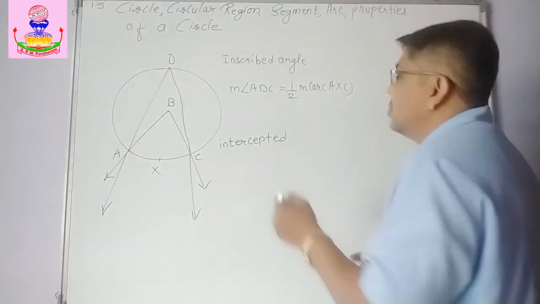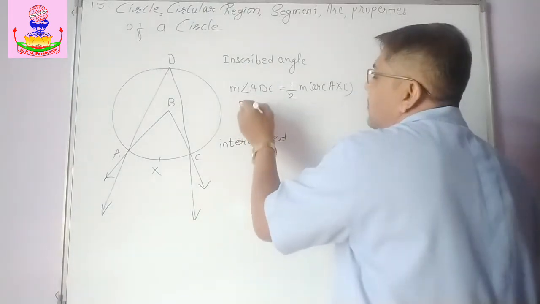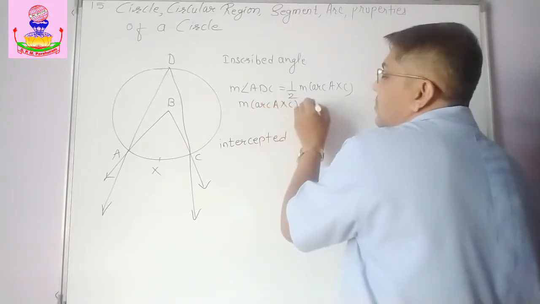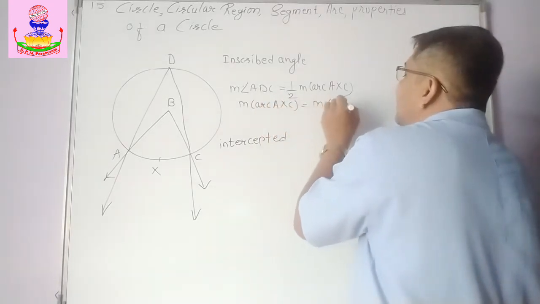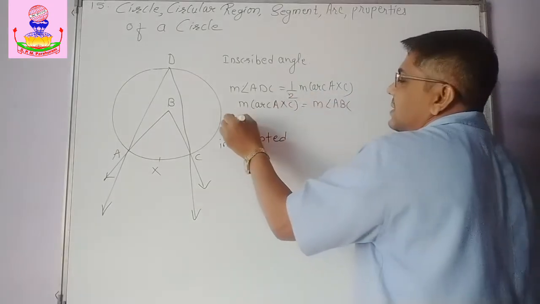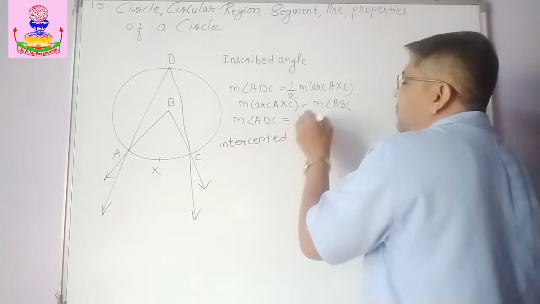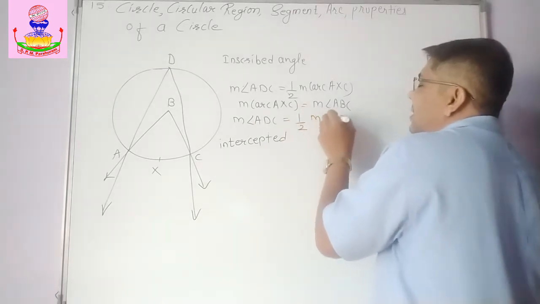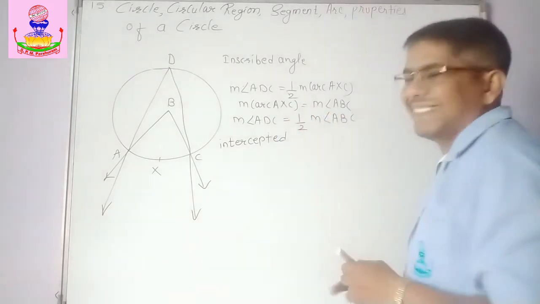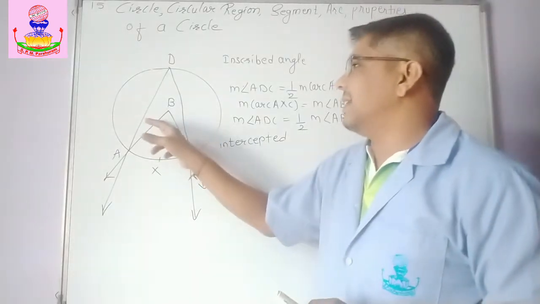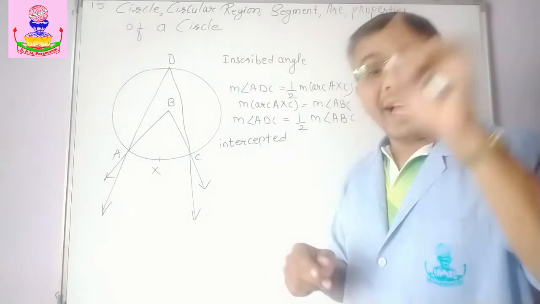Now we know that the measure of arc AXC is equal to the measure of angle ABC. So from this we can say the measure of angle ADC should be equal to half of the measure of angle ABC. That is the speciality. So if this is 100 degrees, this has to be 50 degrees.